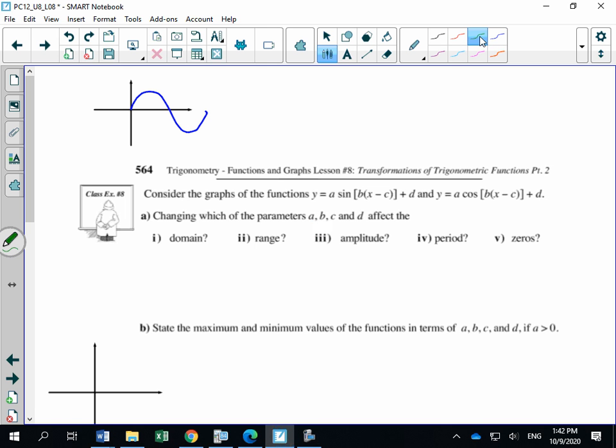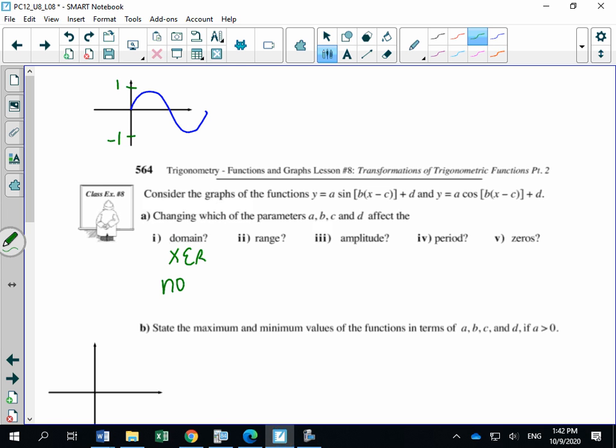It starts at 0, max is 1, min is negative 1. It doesn't matter what parameters you change for sine, the domain of sine never changes because this goes forever to the right and forever to the left. So the domain is always going to be all real numbers, x ∈ ℝ, for our sine or cos graphs. That means that no parameters affect the domain.